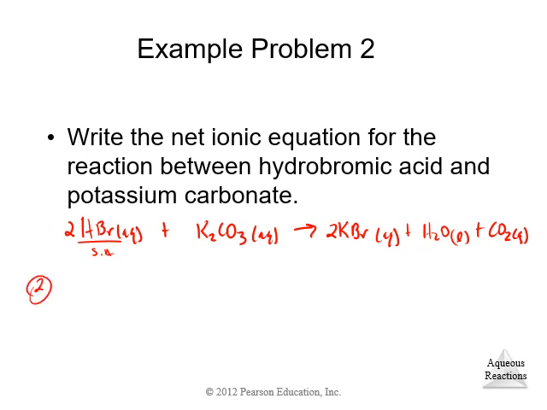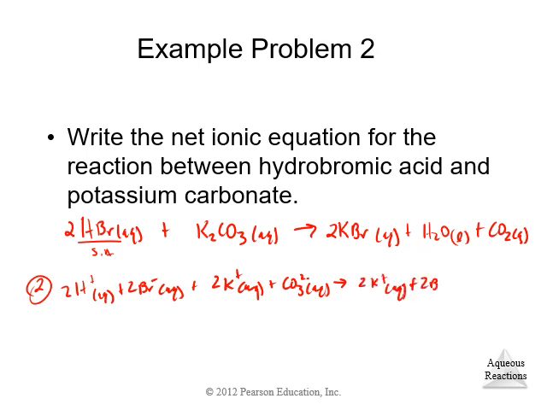So when I'm doing my total ionic equation, I would have 2H plus aqueous plus 2Br minus plus 2K plus aqueous plus CO3 2 minus aqueous, and that's going to form 2K plus, 2Br minus, plus H2O as a liquid and CO2 as a gas.